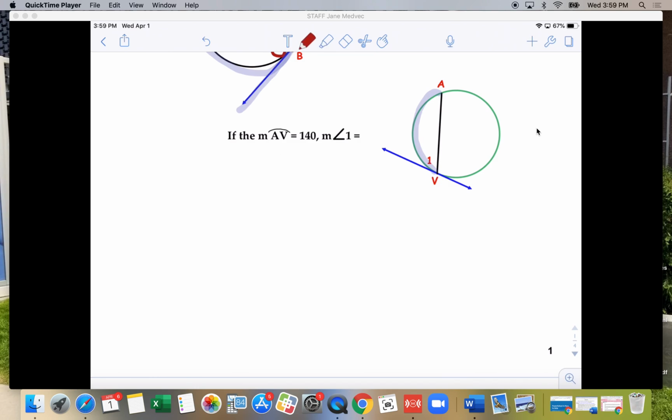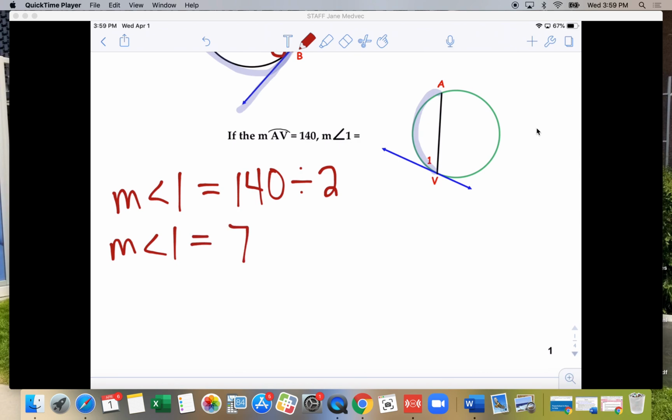So the measure of angle 1 equals the arc divided by 2. The measure of angle 1 is 70 degrees. Again, the arc is always larger than the angle.